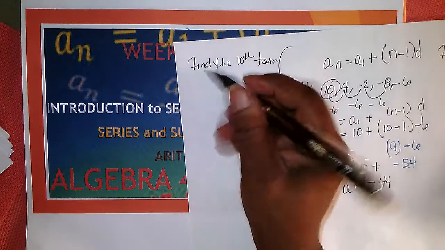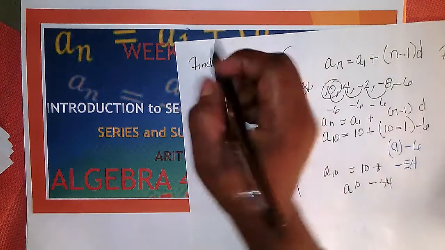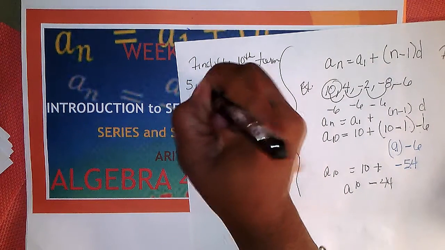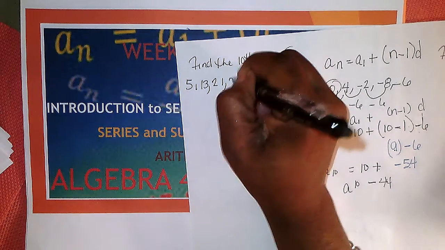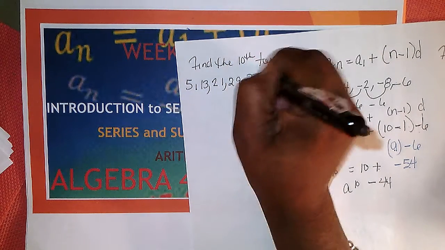In doing so, we're going to use these numbers: 5, 13, 21, 29, 37.